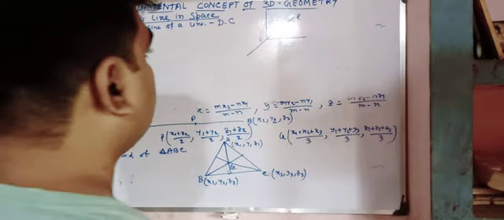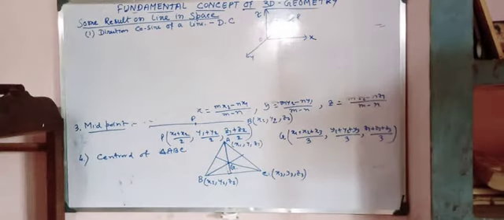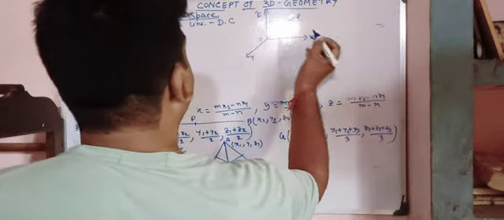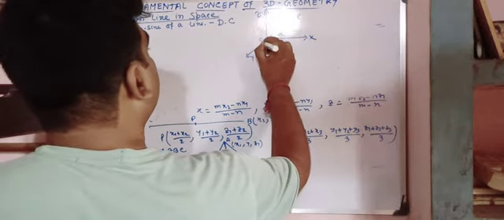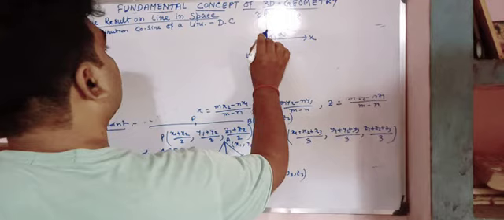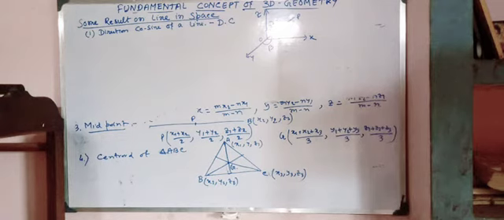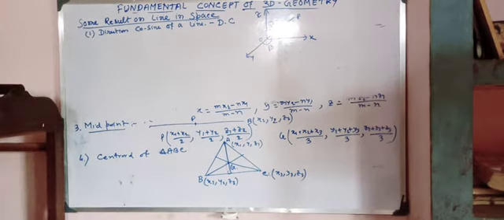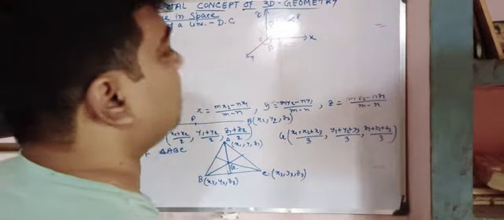If this is x, this is y and this is z, and the line OP makes angle alpha with the x-axis, beta with the y-axis, and gamma with the z-axis, then we can say that the cosines of these angles are called the direction cosines of the line. Understood?